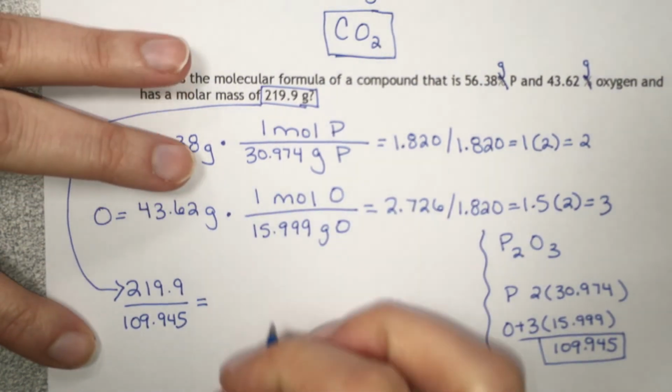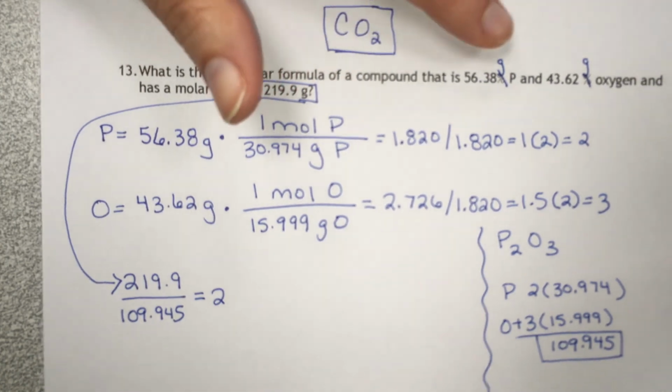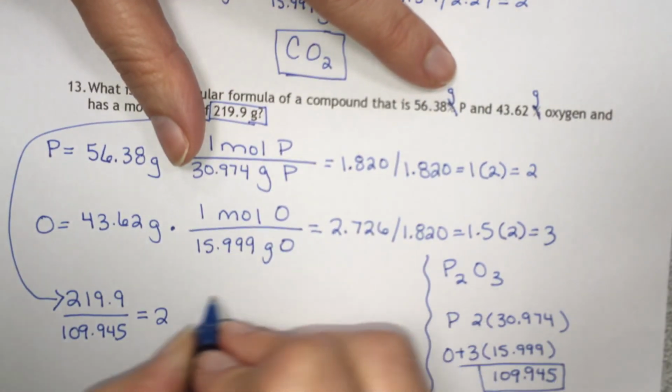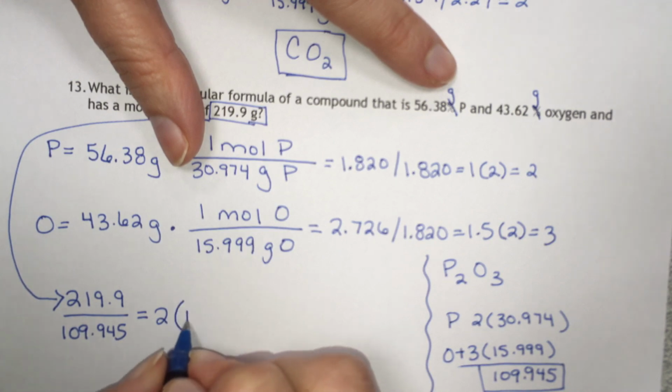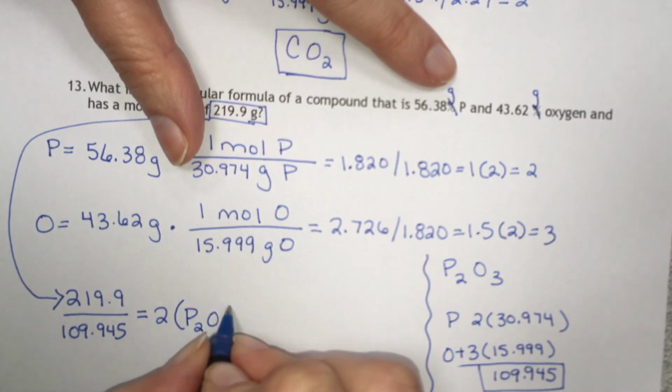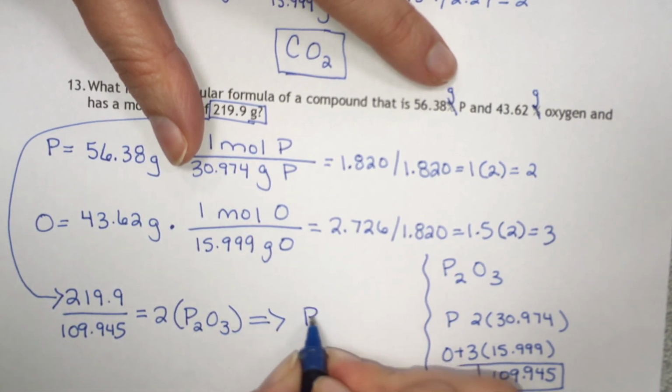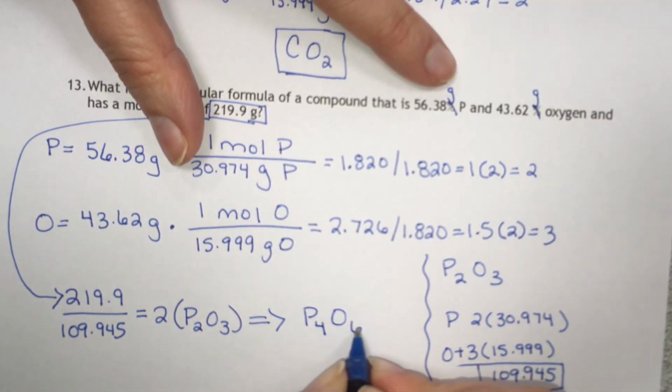Which equals 2. So what we're going to do is take the empirical formula and multiply it by 2, which will make the molecular formula P4O6.